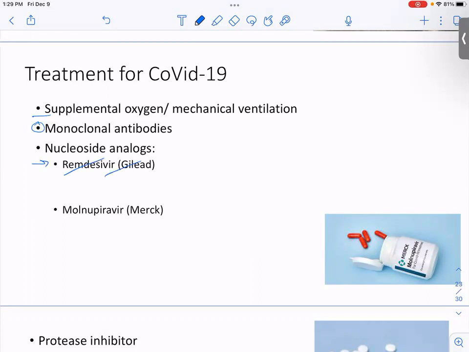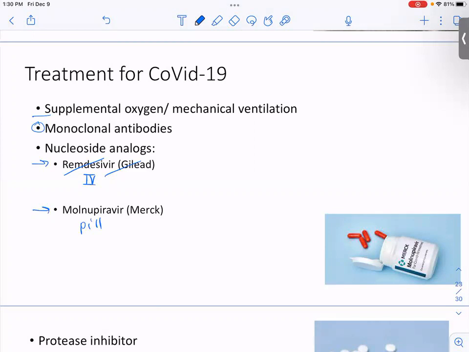It's not terribly effective. Molnupiravir works a little bit differently. They were really excited about this. It came out a year ago. Remdesivir is given by IV and molnupiravir is given as a pill, so they were really excited about the first oral medication.